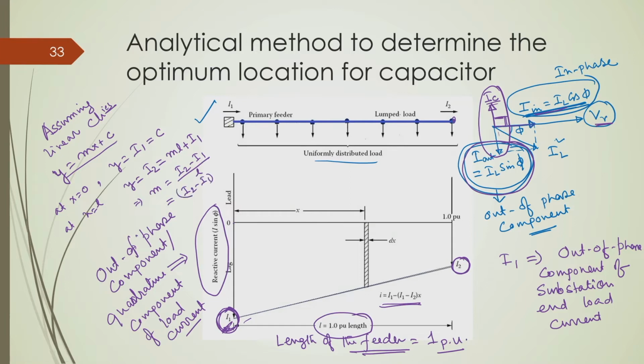So, this current I is equal to (I2 minus I1) multiplied by x, plus I1, or alternatively we can write it as I1 minus (I1 minus I2) multiplied by x. Okay. So, this is how this quadrature component of the load current will vary from the substation end to the distant node.